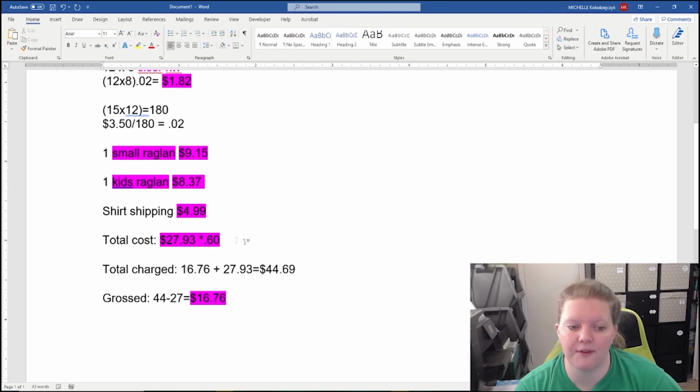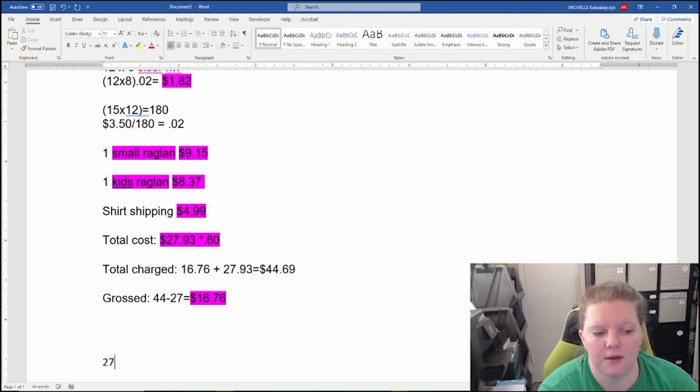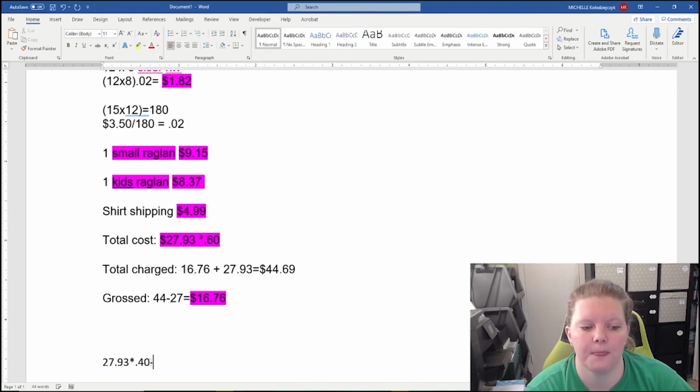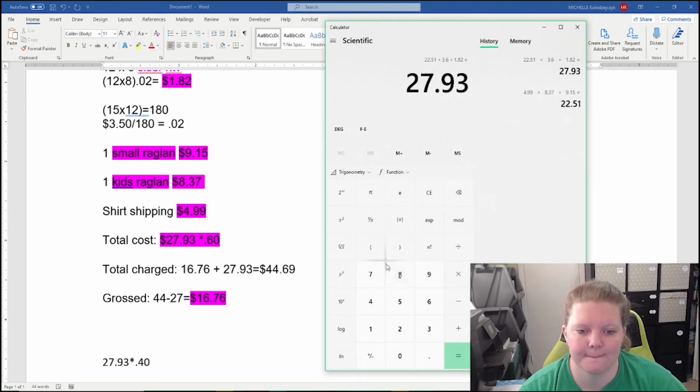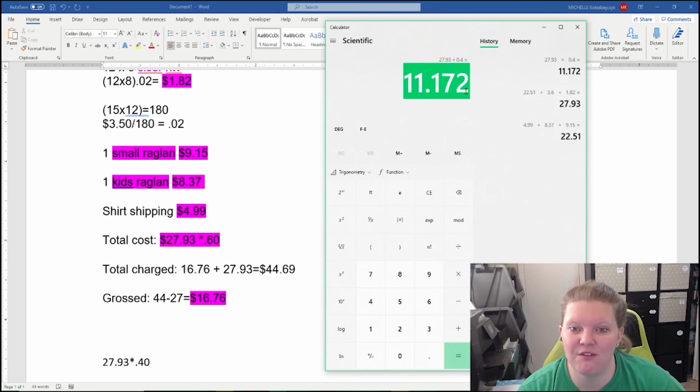So if I'm only upcharging 40, let's do that, 27.93 times 40, I'm only upcharging $11, so it cuts off $5. So now we're going to add that to our total.